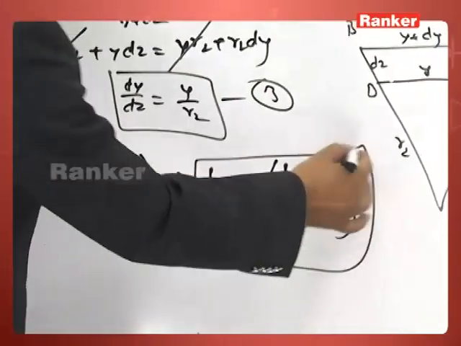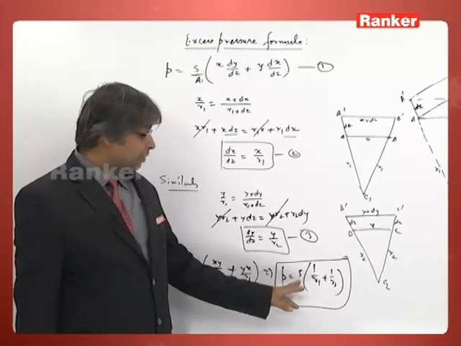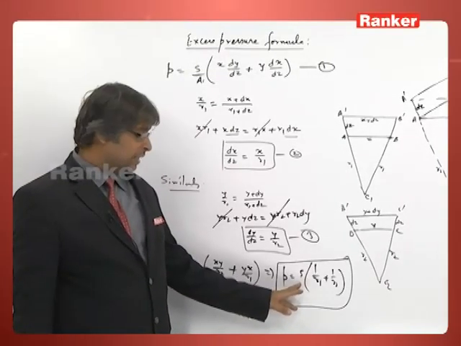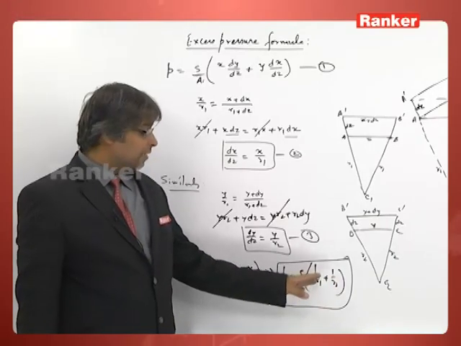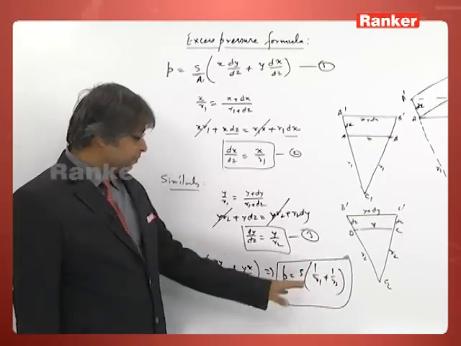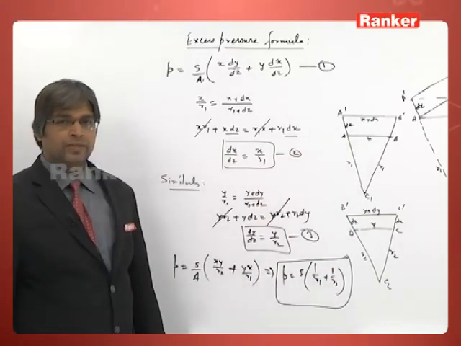So we have thus derived the result for excess pressure, which is equal to S, the surface tension, times (1 by R1 plus 1 by R2), where R1 and R2 are the principal radii of curvature of the surface.